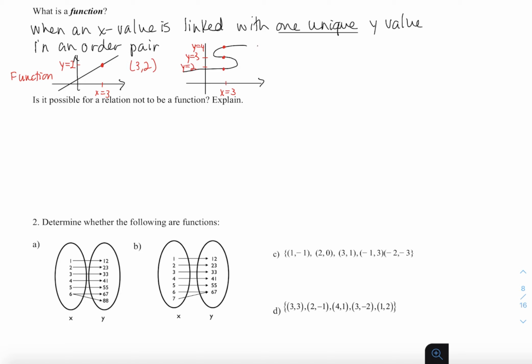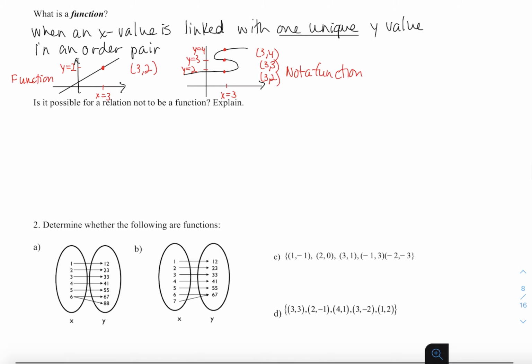So I can see that for one x value, I have 3 different y values. This is not a function. However, they're both relations. I'm going to do one more example because this is a common misunderstanding.